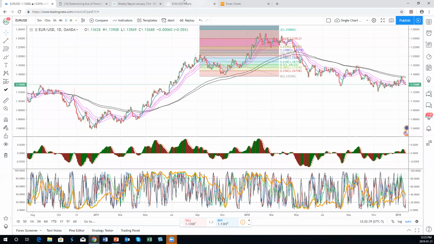But this 1.272 target, 1.286 to 1.272, this is in favor these days because of the harmonic ratios.